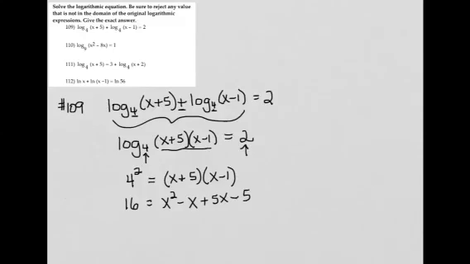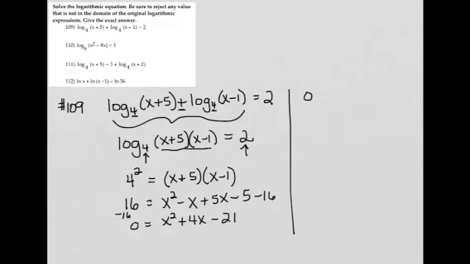Now I'm going to get everything on one side equal to 0, combine like terms, and I'm moving the 16 over. That means I'm subtracting 16 from both sides. So now I have x squared plus 4x minus 21. And this is factorable.